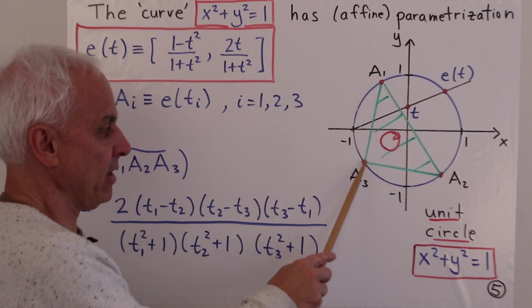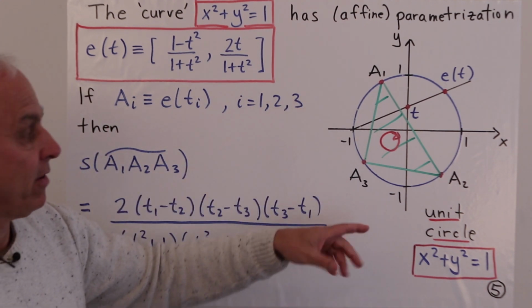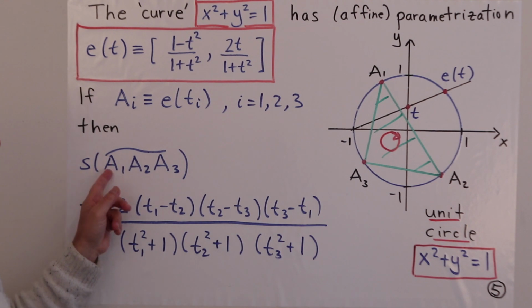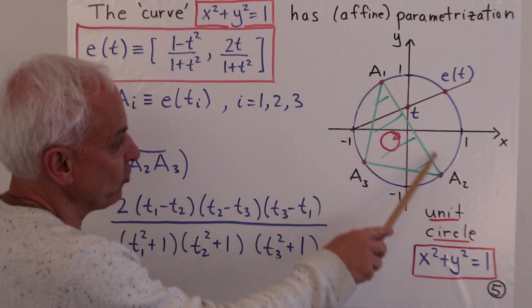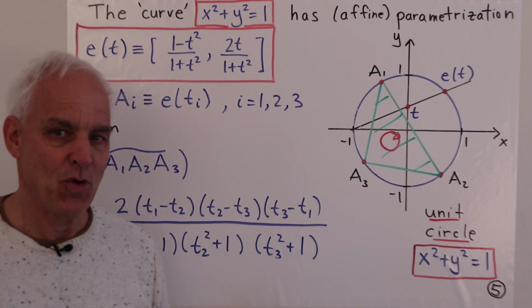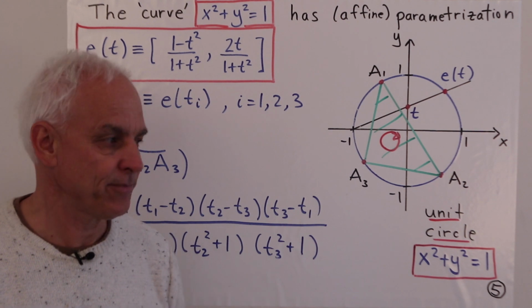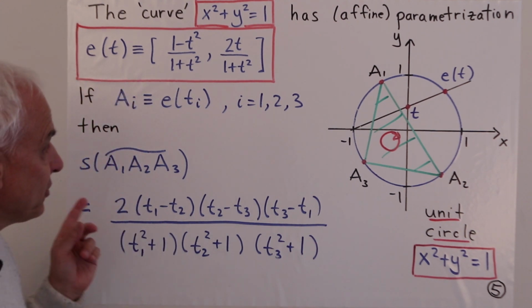Let's picture them here, a1, a2, a3. And so we get a triangle. If we choose the orientation a1, a2, a3, then we have an oriented triangle. And we'd like to calculate what the signed area of this thing is. Okay, so now it's an interesting calculation.